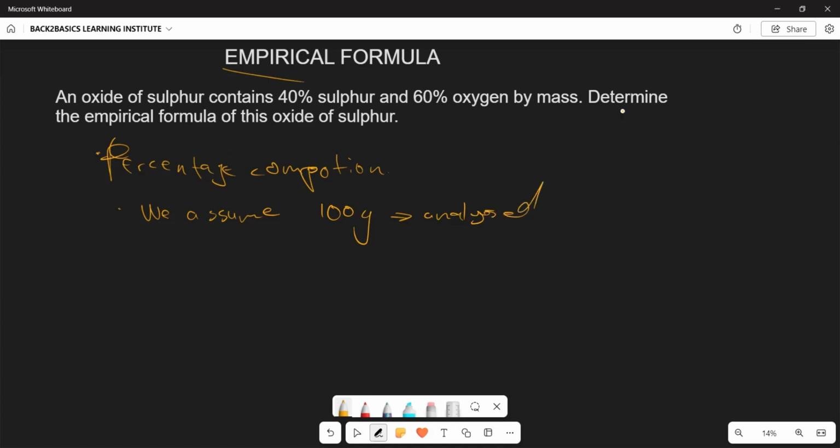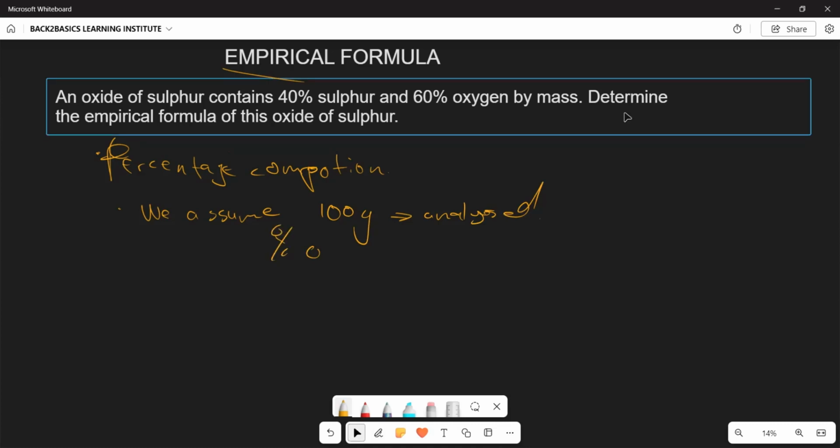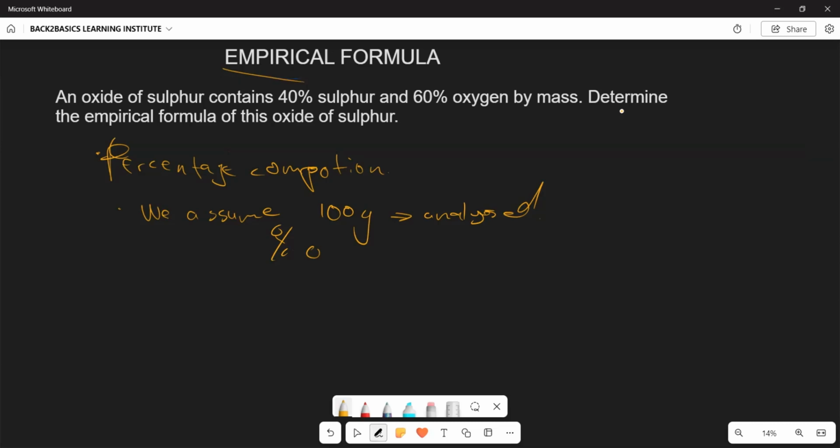Secondly, let's say you are given it in terms of percentage. Those percentages can be converted into grams.